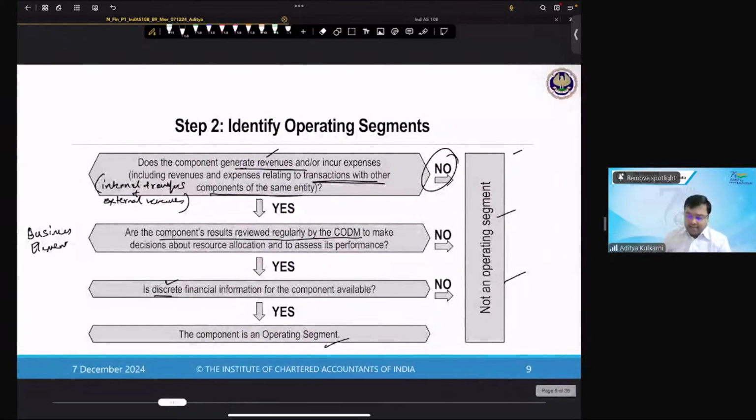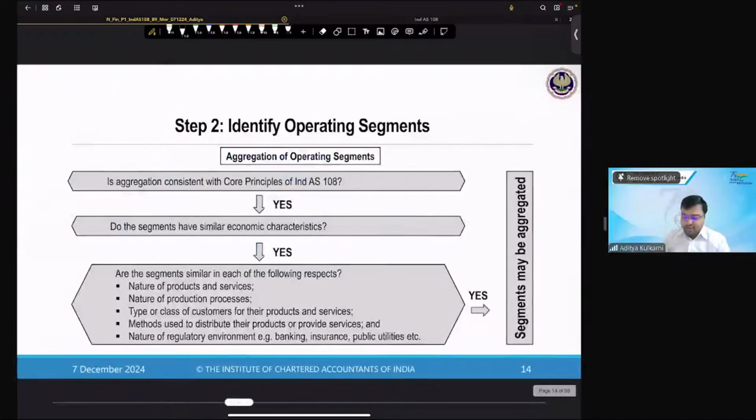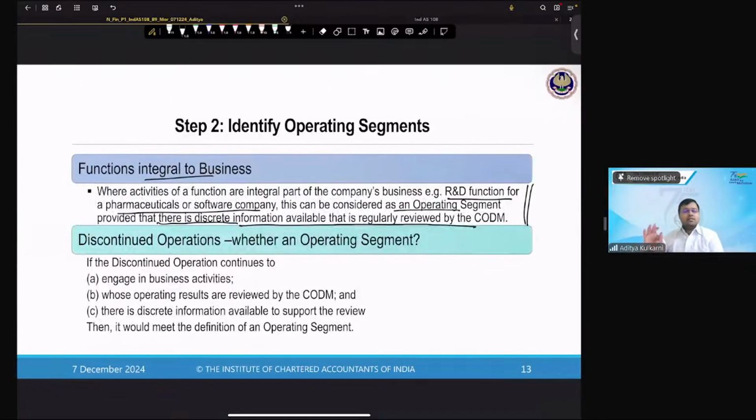Otherwise, the condition is that I need to generate revenue. But as an exception, if there is a function which is discrete, which is integral, we will still continue to treat it as a separate identifiable operating segment, even though it does not generate revenue.